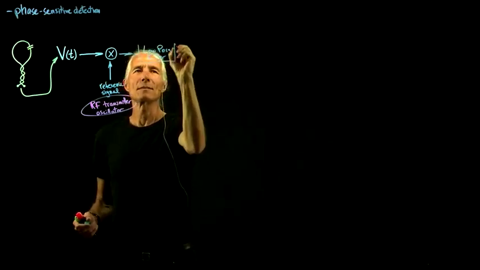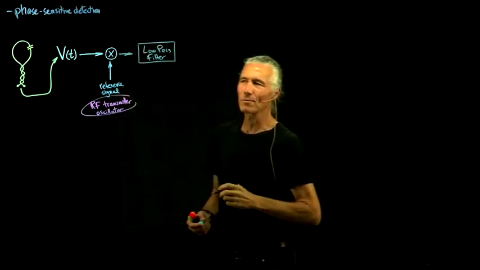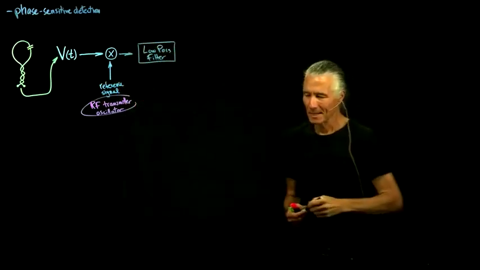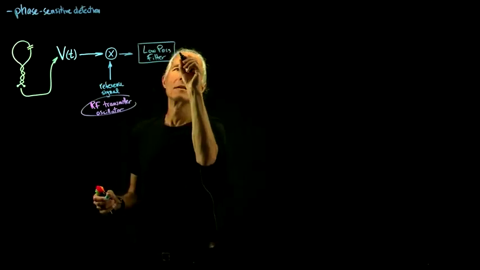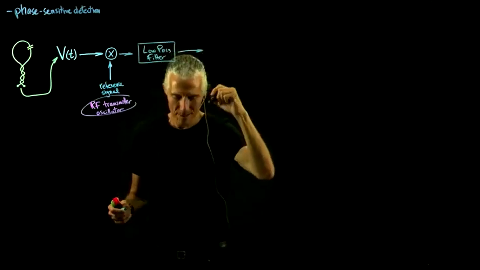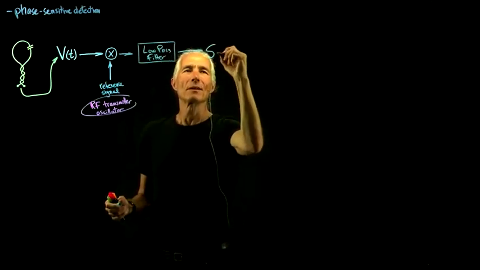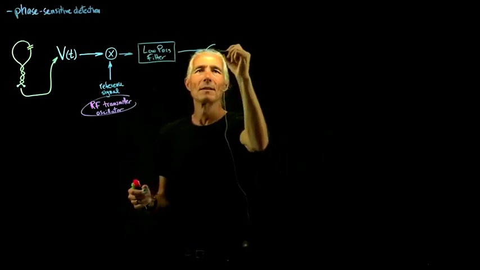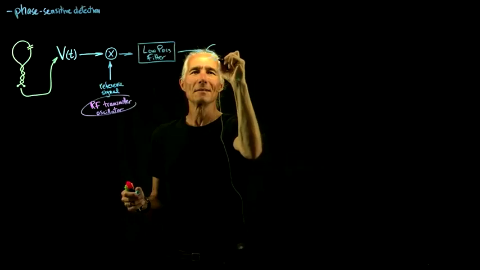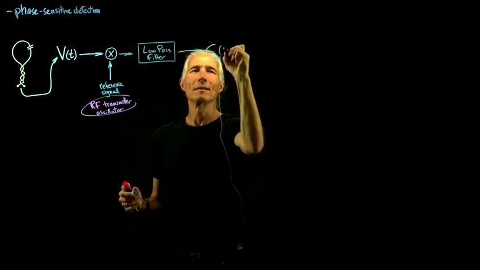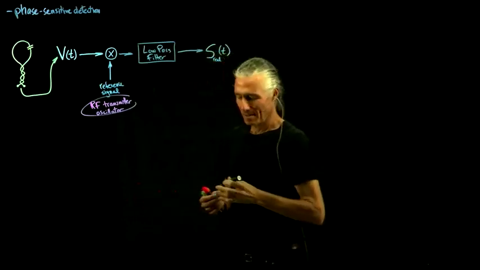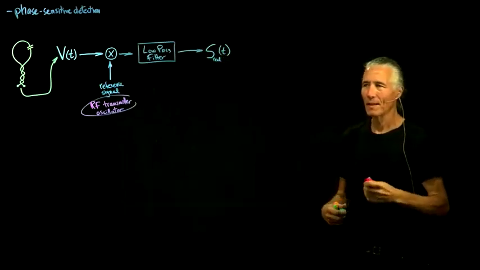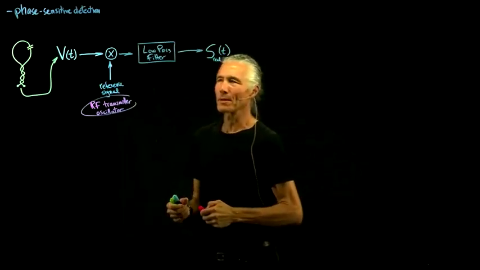A low-pass filter just means, let low things through. And then we get a signal. This is still just a real signal. It's just a number. We'll call it the real component of our recorded signal at a time point.